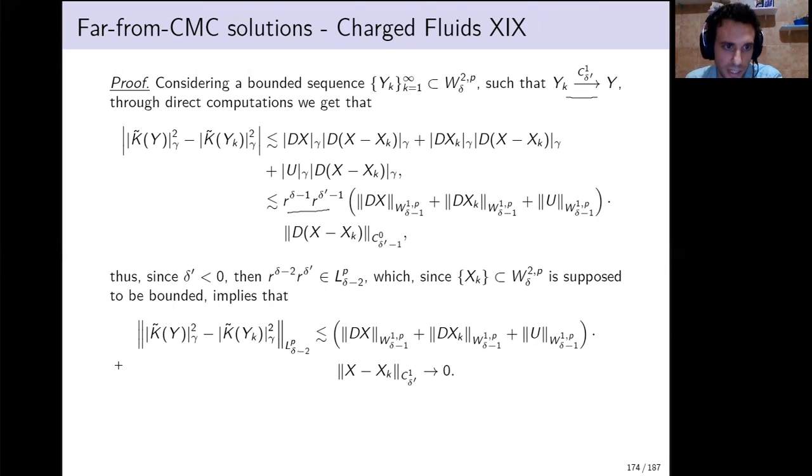So we can actually integrate here in order to get the norm. And we're going to get a constant here again in front of everything. And the C1 delta prime convergence is going to show us that the right-hand side goes to 0 since this sequence is supposed to be bounded. So this is bounded, and this is going to 0 by hypothesis.